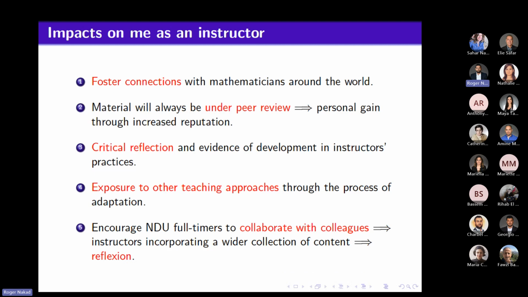Let me tell you briefly what was the impact at the end. First of all, as an instructor, it was challenging for me, because all material is under peer review. So this is a personal gain for my reputation as an instructor, or the reputation of the university as well.